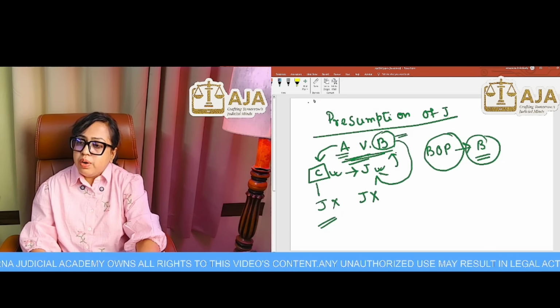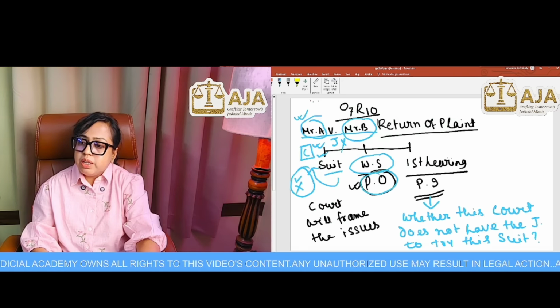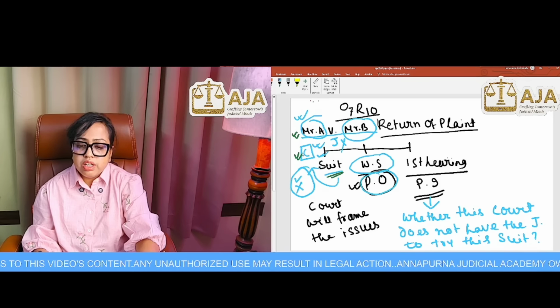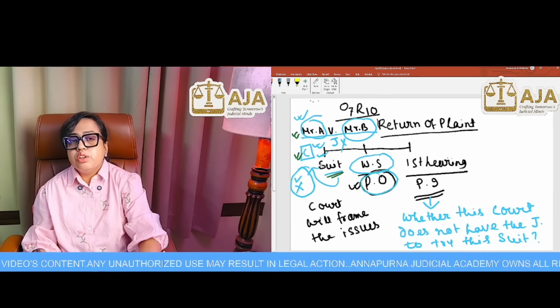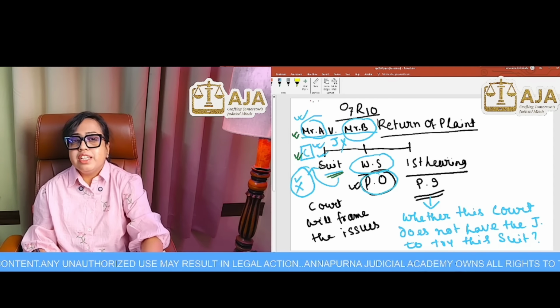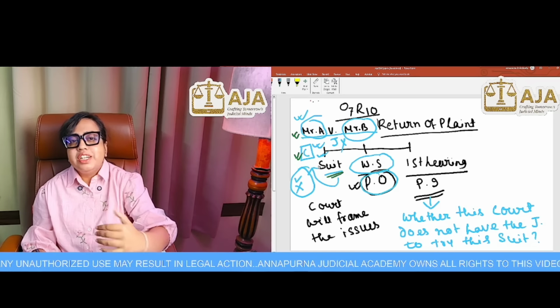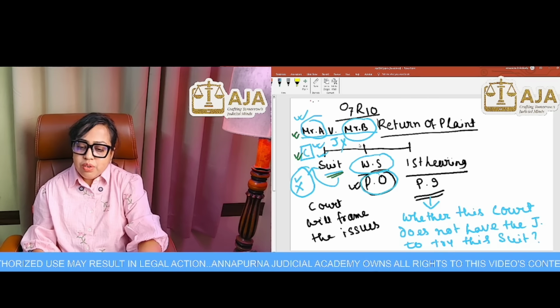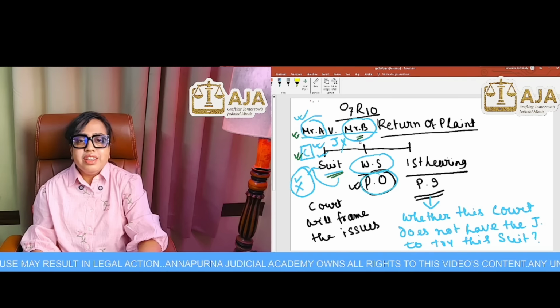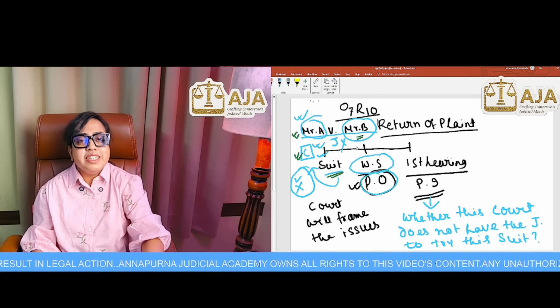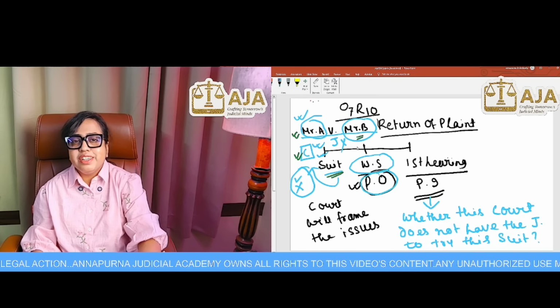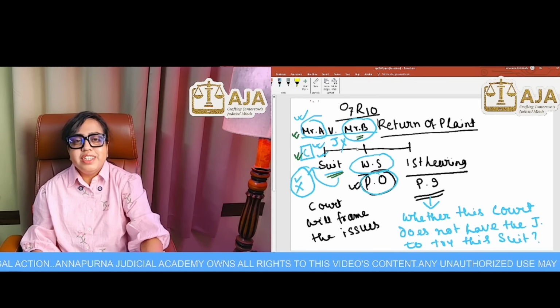So, in our example here, Mr. A has filed this suit in this court. So, this court will presume that it has the jurisdiction to try this suit. Now, Mr. B, that is the opposite party, has raised a preliminary objection stating that no, this court does not have the jurisdiction.